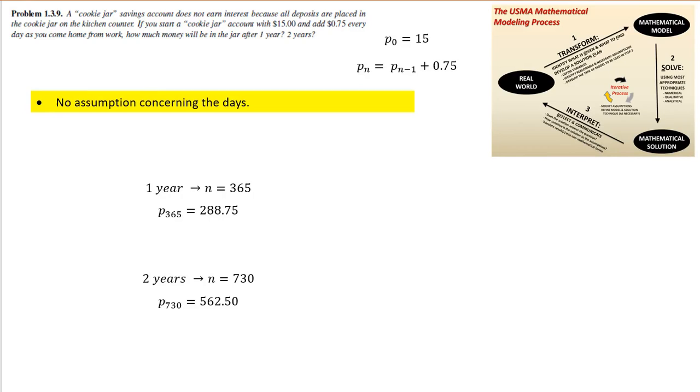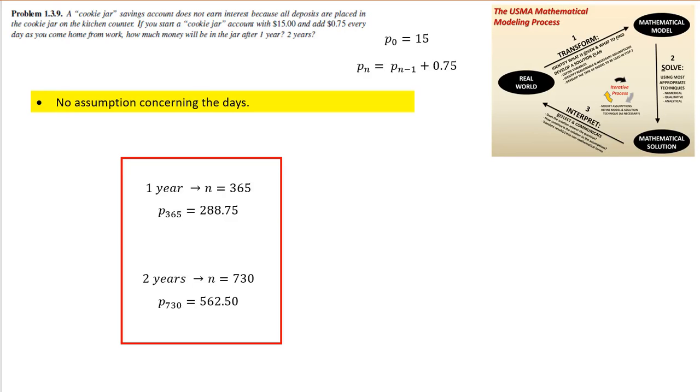Another possibility would be if we made no assumptions at all concerning the amount of days worked in a year. If we do that, we would use 365 days for 1 year and 730 days for 2 years.